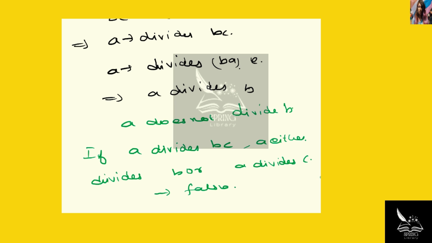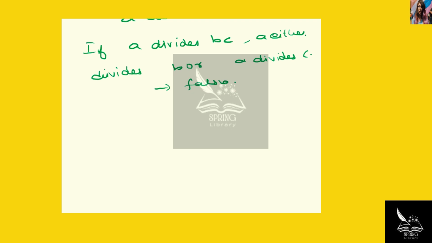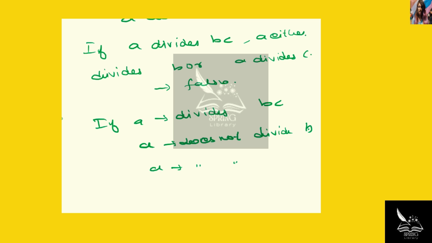So we have proved the original statement: if A divides BC, then A does not divide B and A does not divide C.